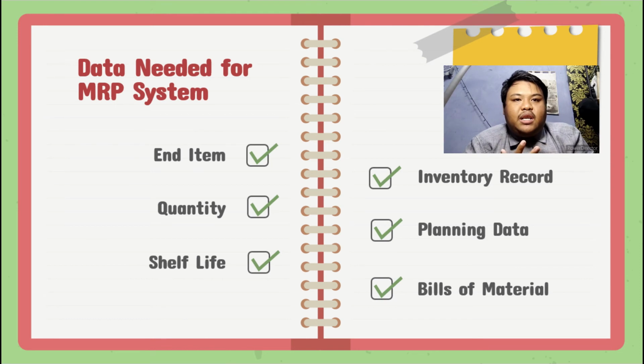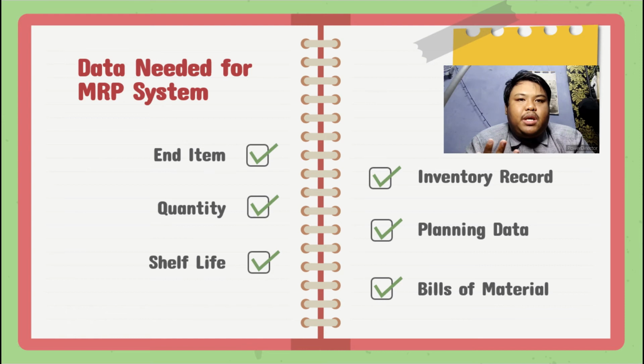Hello everyone, I'm Muhammad Hakimi, and I will continue with the data needed for the MRP system. To successfully run an MRP inventory system in an organization, there is an assortment of data required. Firstly, an item. Regarding this, the MRP system requires the users to describe what type of product is being created and its specific demand level. Second, quantity.